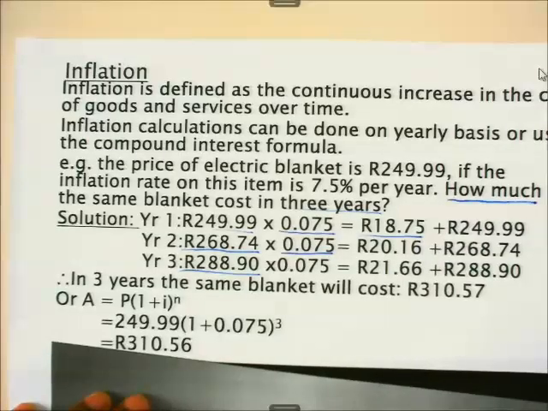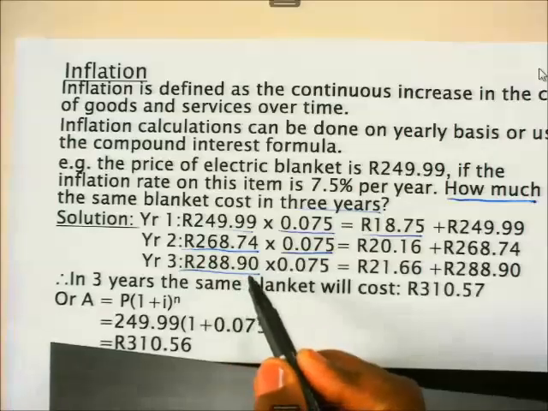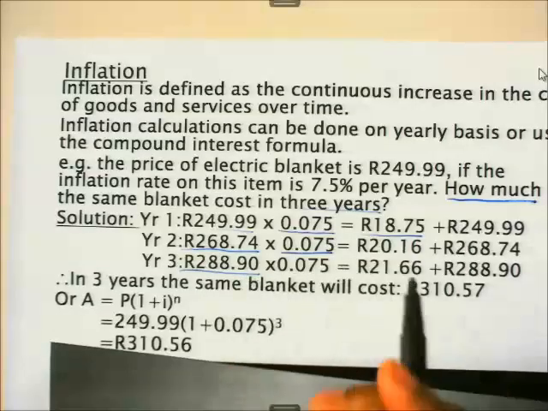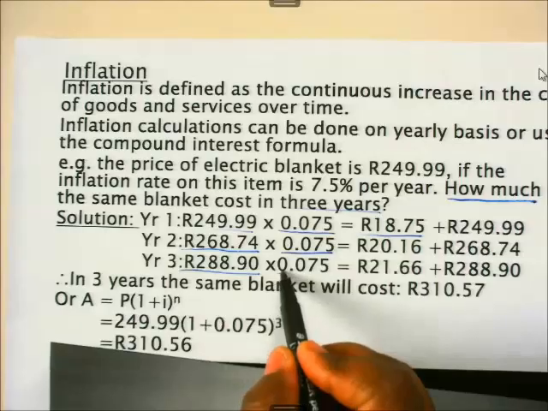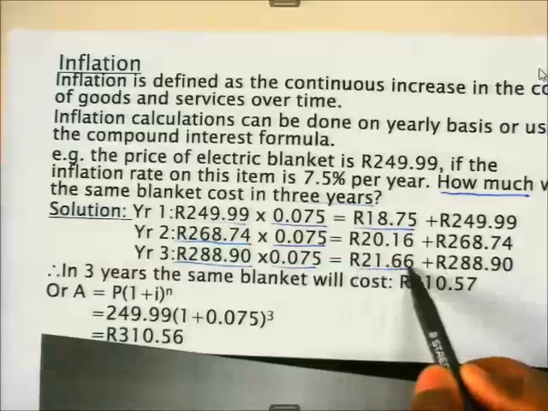But in year 3, what happens now? Because the inflation rate hasn't changed, you still need to multiply 288 rands and 90 cents by 7.5%, and then you end up with 21 rand 66 cents.